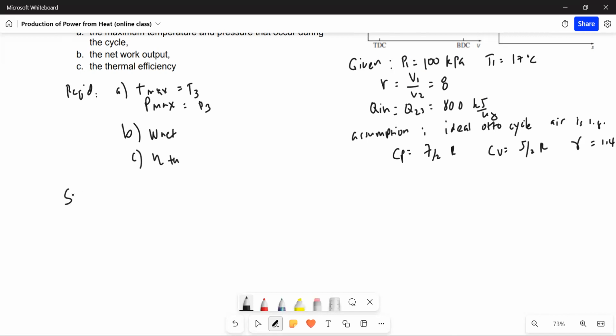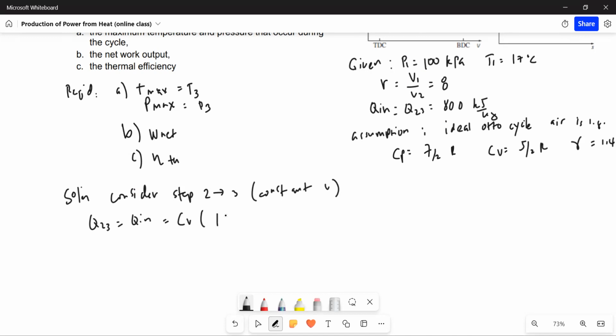Therefore, consider step 2 to 3, or constant V process. Therefore, Q2 to 3, or Q in, is just equal to Cv delta T, which is T3 minus T2, right?